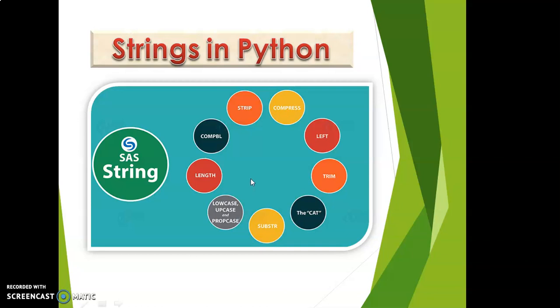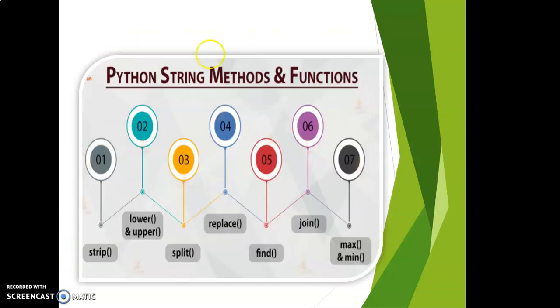Trim: to remove spaces from the beginning and ending. Left and right: retrieve a value from the left side or right side. Length: we will be able to count the number of characters in a string. So let's continue. These are all the functions we are going to cover.